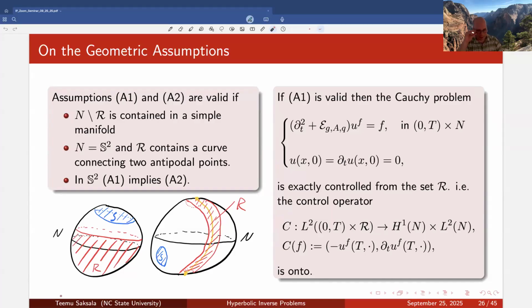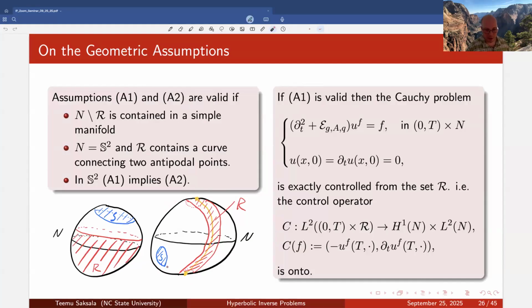But what we can also show would be true in this right picture, without assuming such a large R, is that if R is a set that contains a curve connecting two antipodal points, then this would be enough.